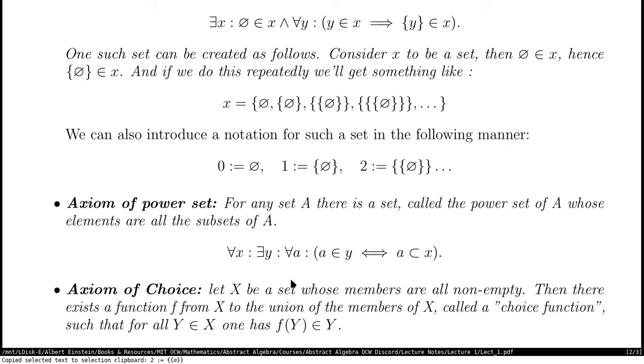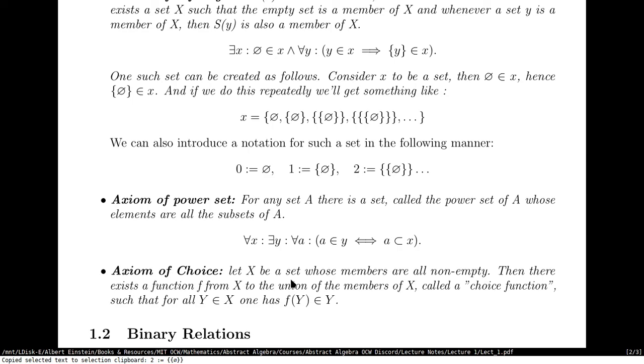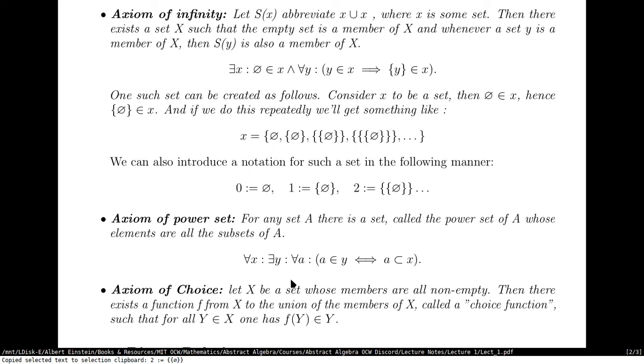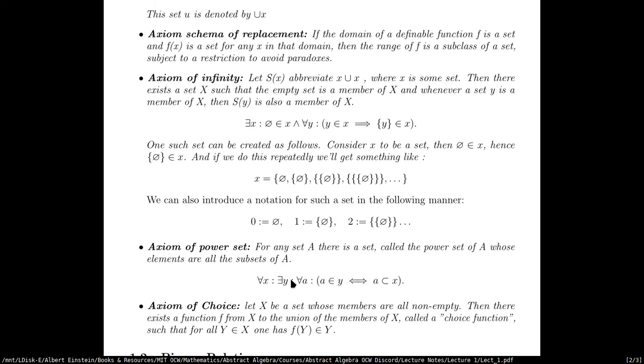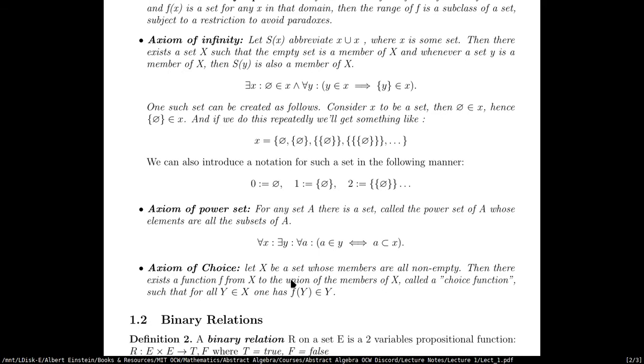So you're actually going inside the set again, and this lets you give a choice in some manner. We probably won't need much of it. We might, I'm not too sure, because we're going through a lot of books, and some books don't like to include the axiom of choice at all, but most books do. But yeah.